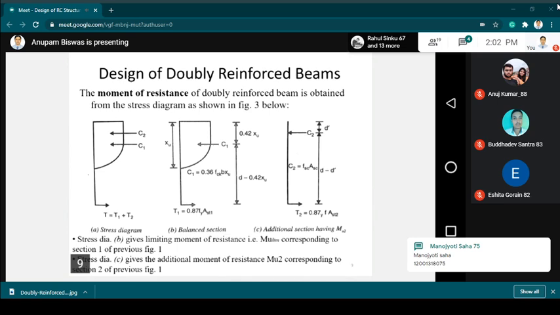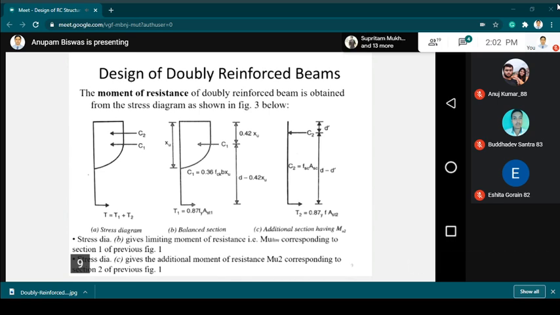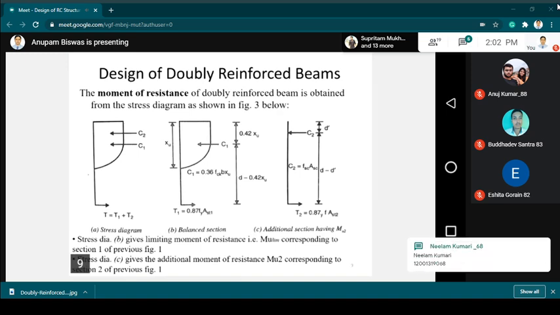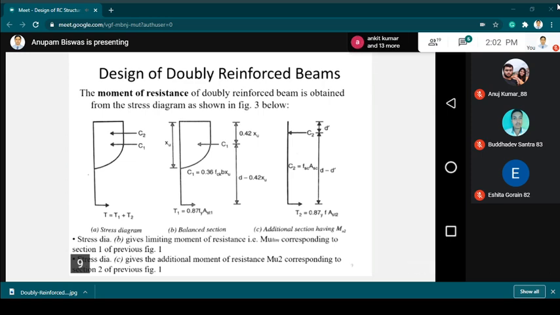All of you first draw this stress diagram. Just draw this stress diagram on a piece of paper. It will be easy to explain the values, how C1 and C2 are coming.